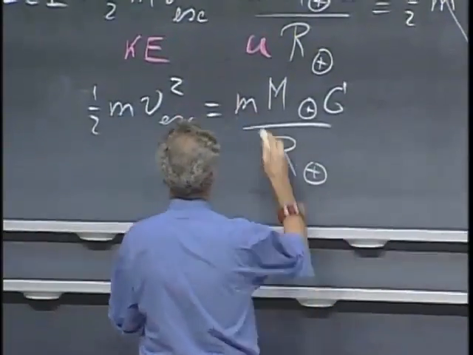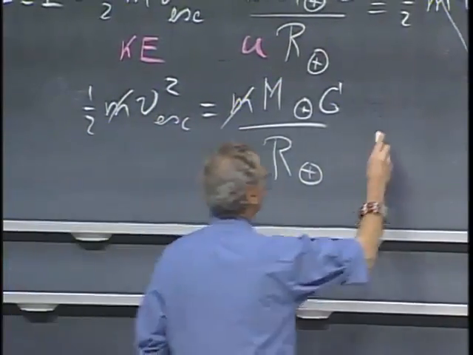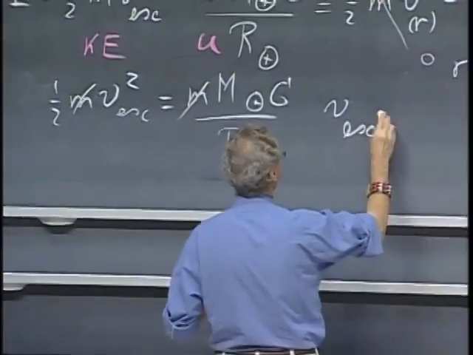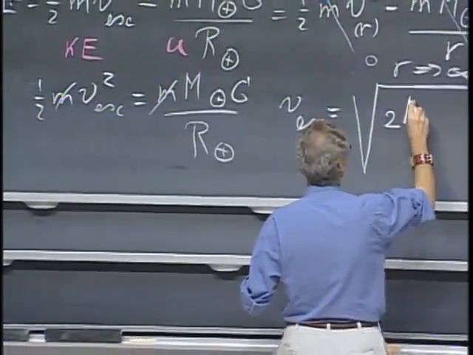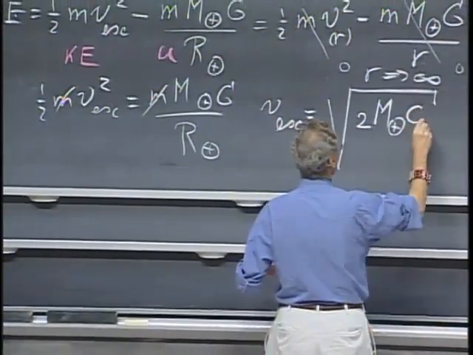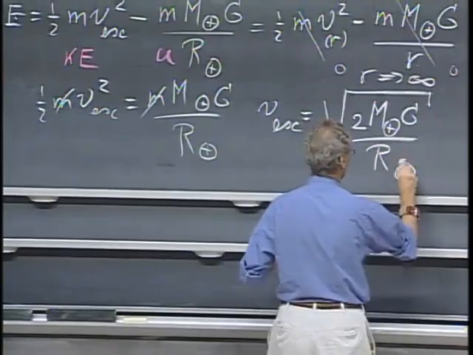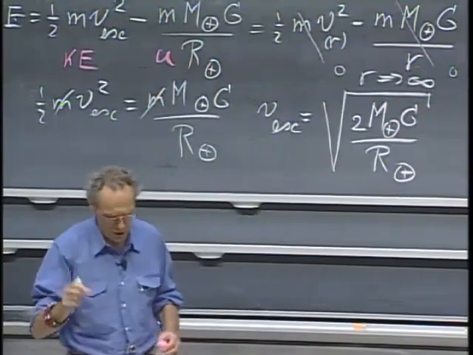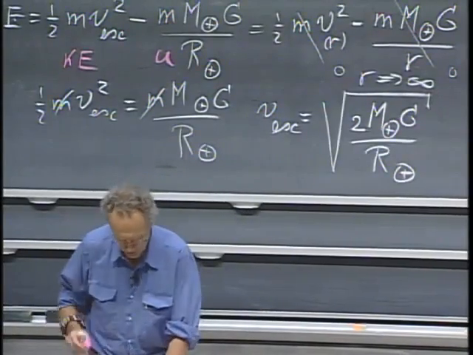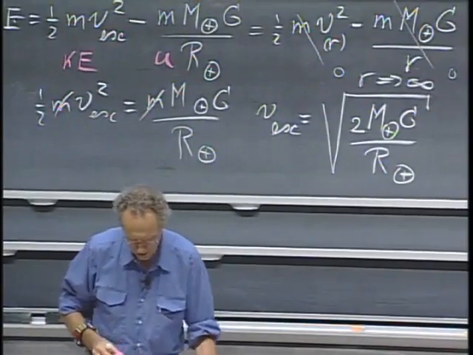I lose my little m, and I find that the escape velocity that I have to give you is the square root of 2 M_Earth G divided by the radius of the Earth. And this is enough, it's sufficient to get you all the way to infinity with 0 kinetic energy.